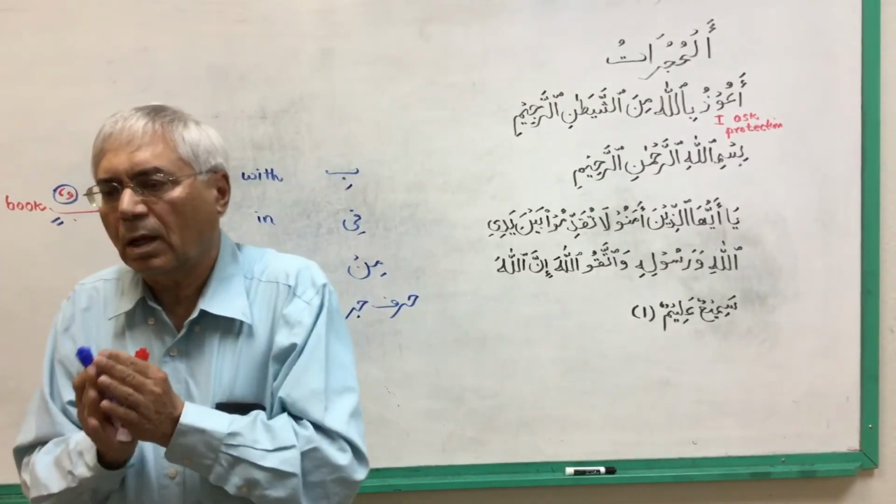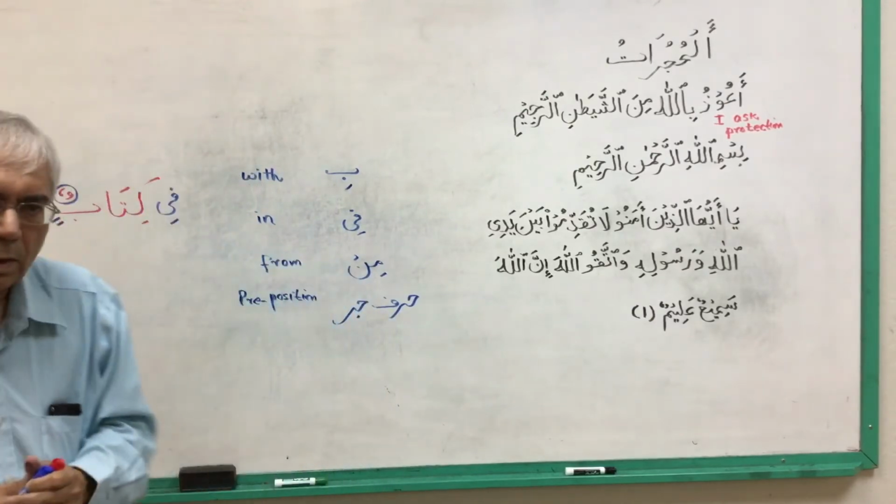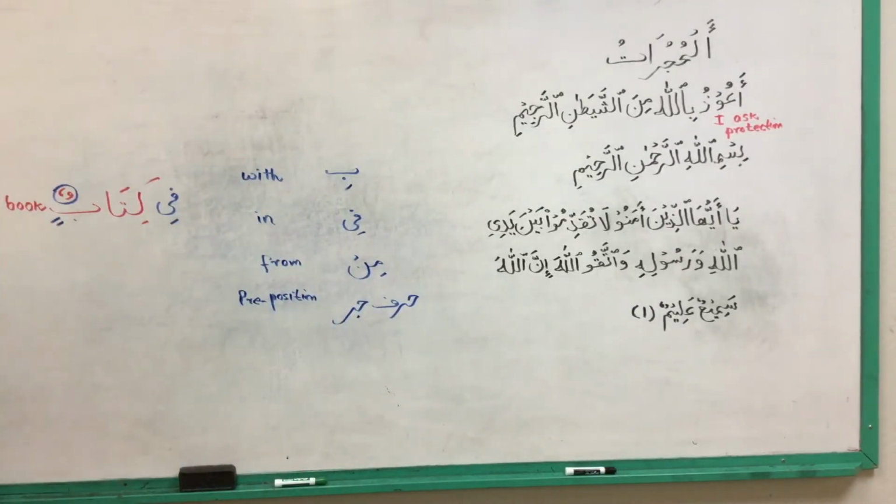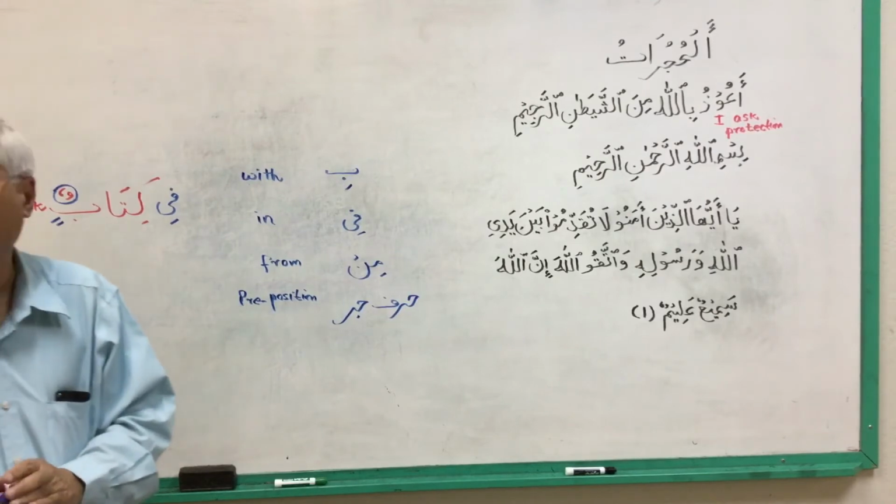Harf-jar attacks the noun and goes to the last letter, which is ba here, and looks at its sound, which is two dhammas, and changes the sound to kasras.